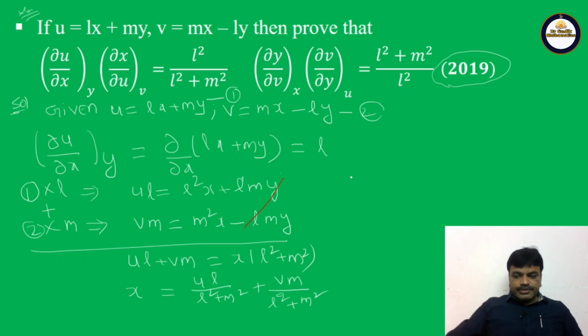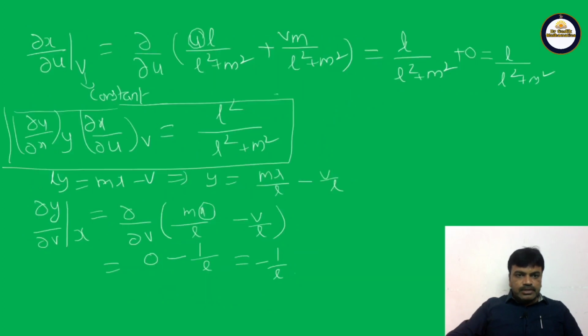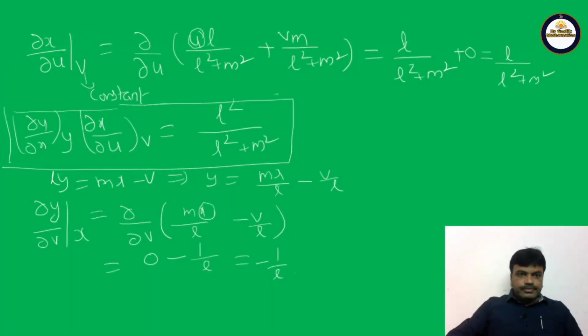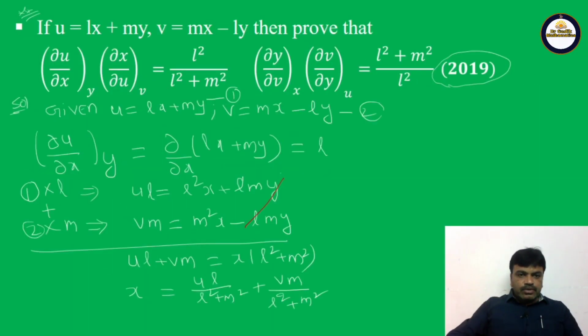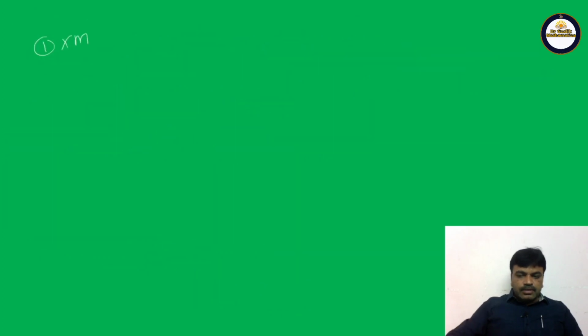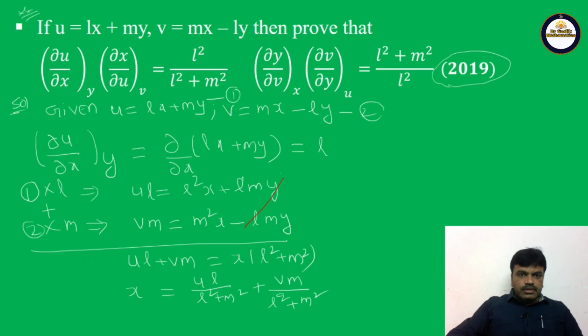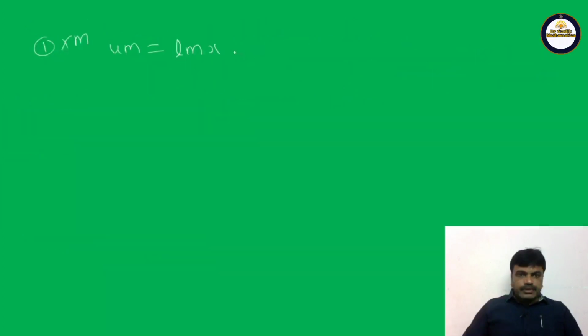So then, first equation multiplied with m, we get um equals lmx plus m square y.